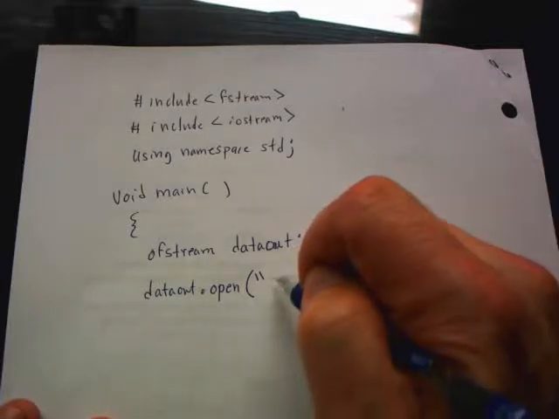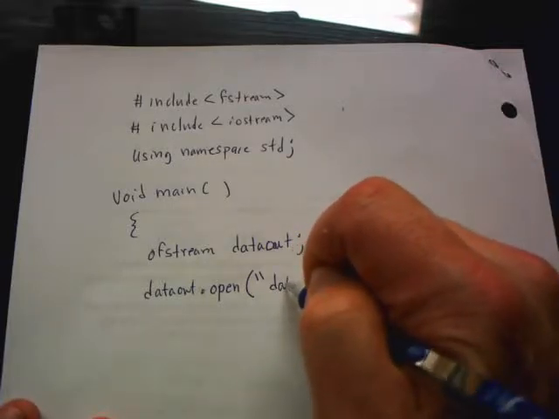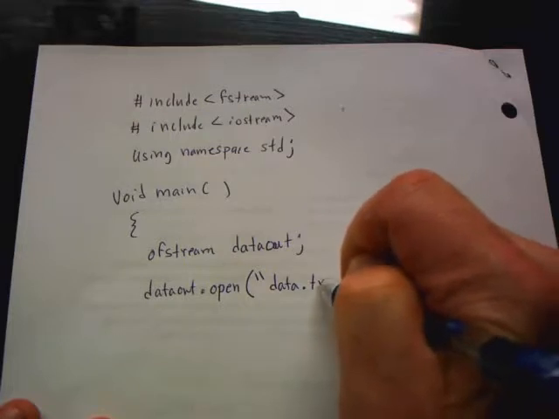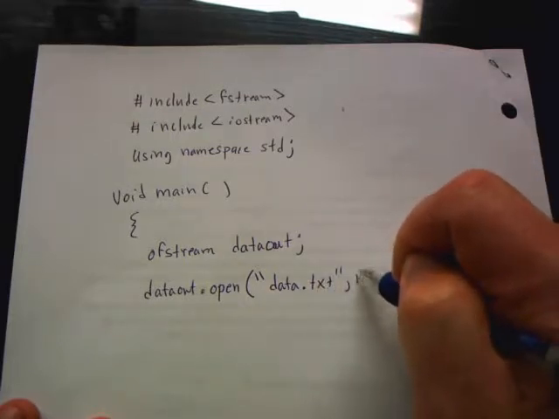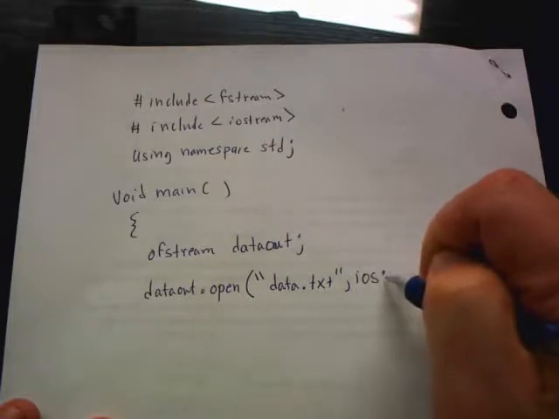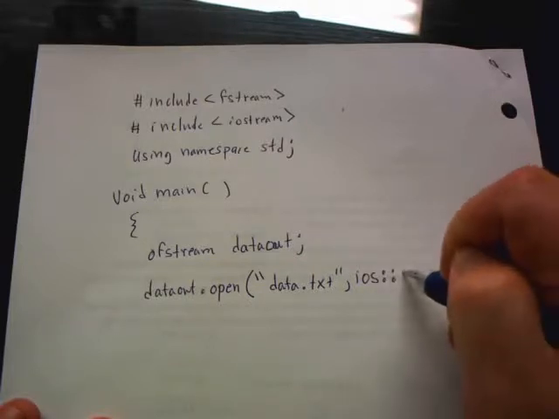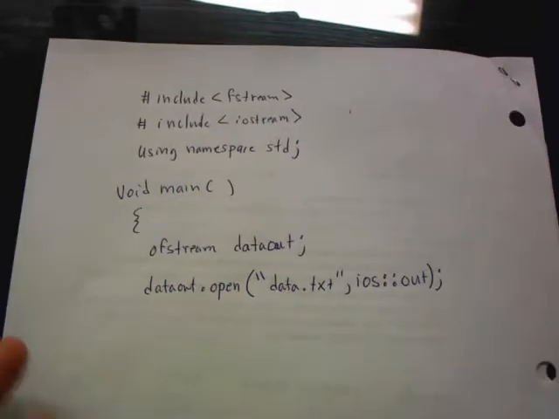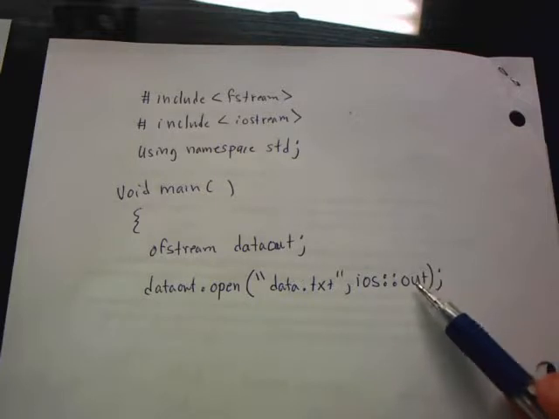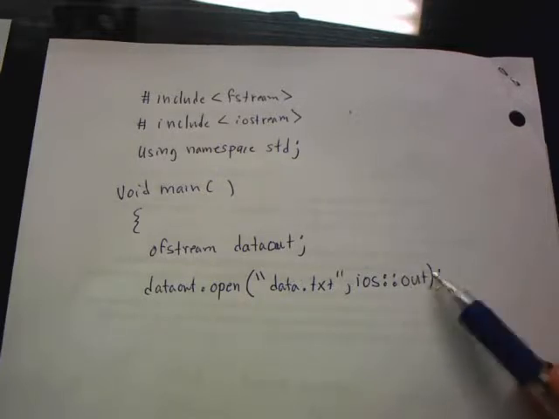We'll call it data.txt, comma, ios double colon out. Which means you're writing out to the file. What if you wanted to read in from the file? You would have the word in there. That would be the only difference.